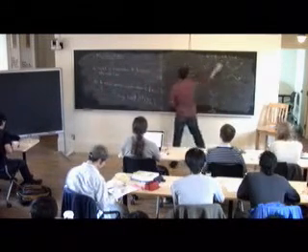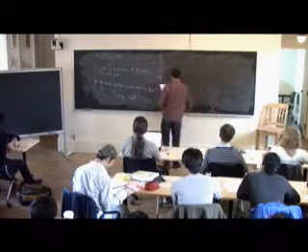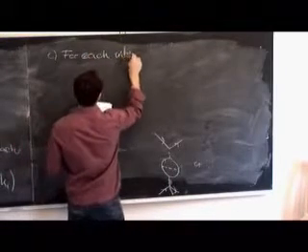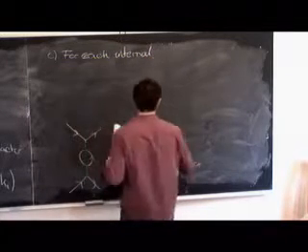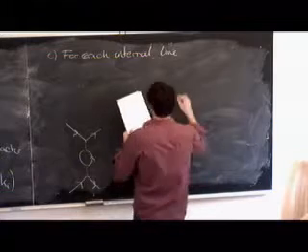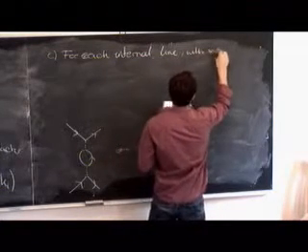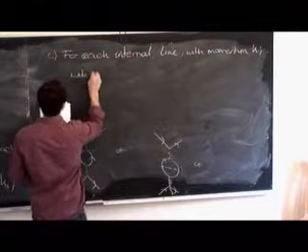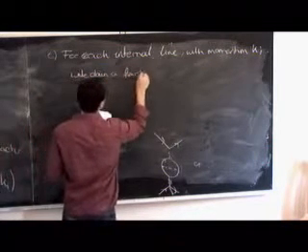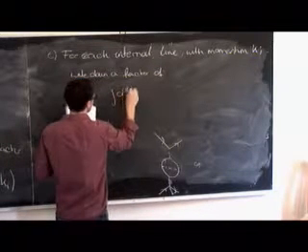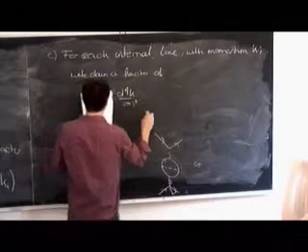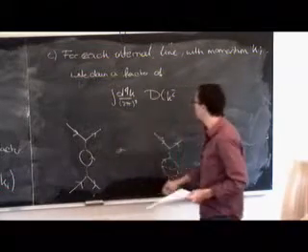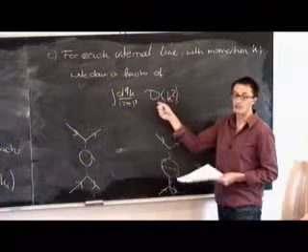Okay, so finally, for each internal line, with momentum k, write down the factor of the integral over that momentum times the Fourier transform of the propagator for that particle.